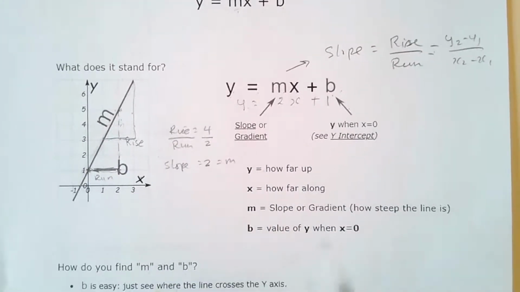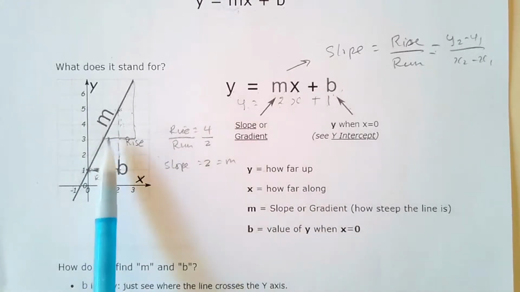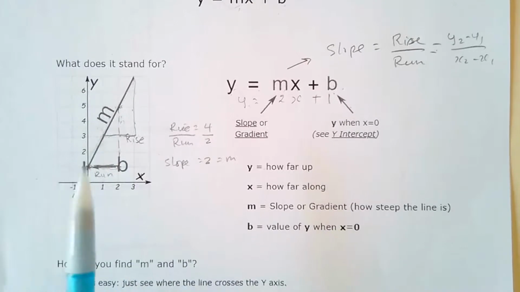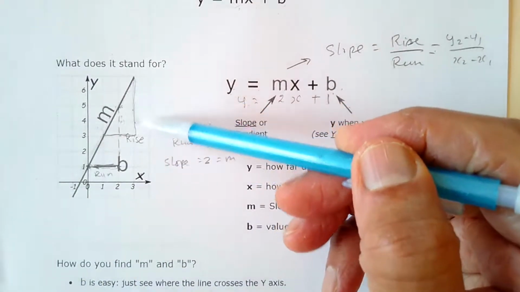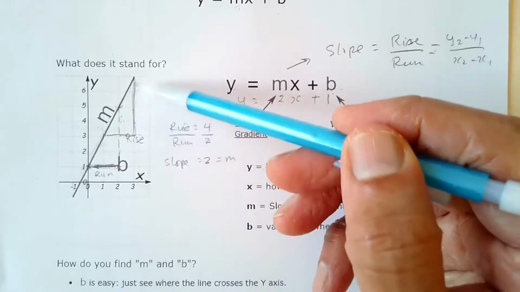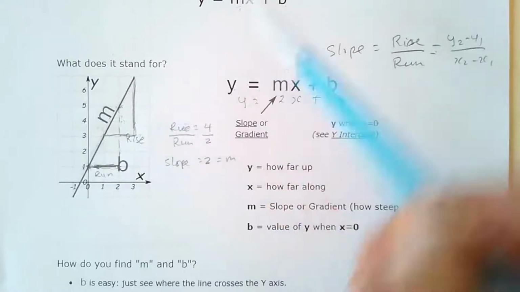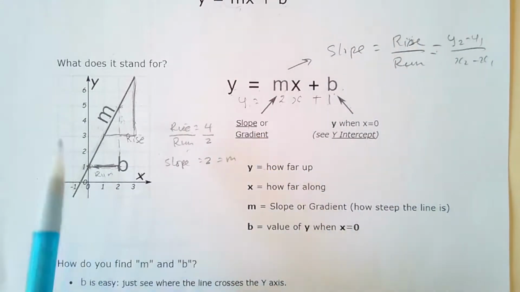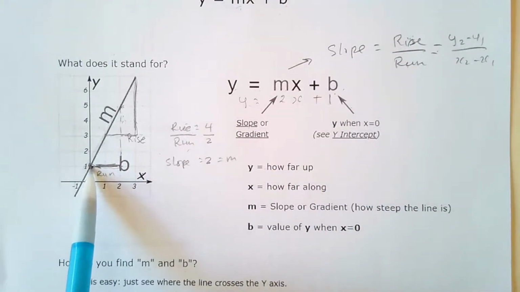And we can derive the slope by selecting 2 points on the line, and then we construct a right triangle using those 2 points and find the rise over the run. That's your slope. Rise over the run is the slope. The y-intercept is where it crosses the y-axis.